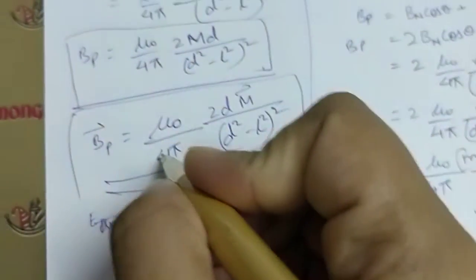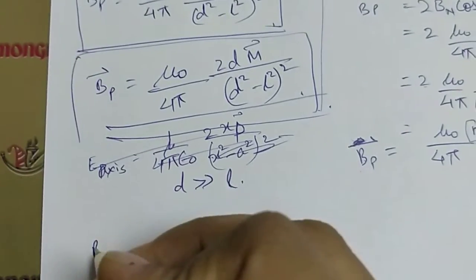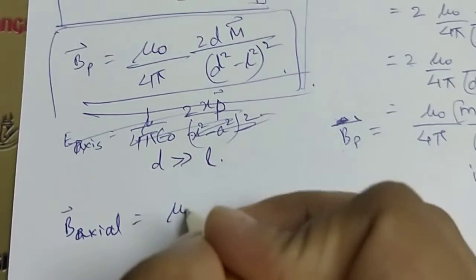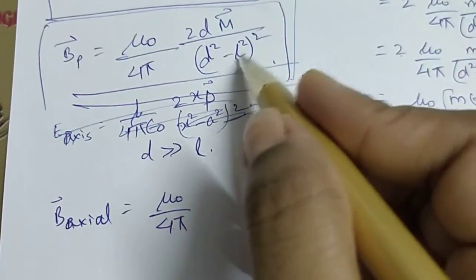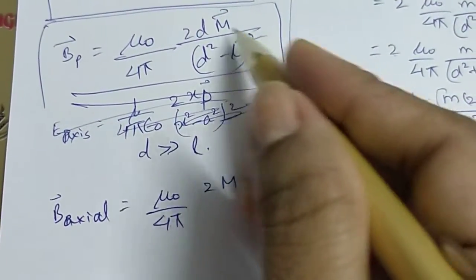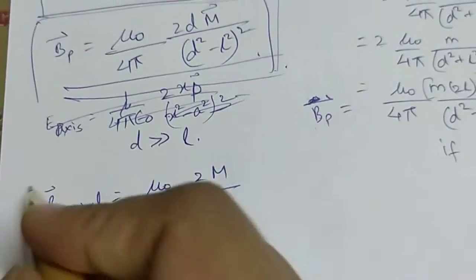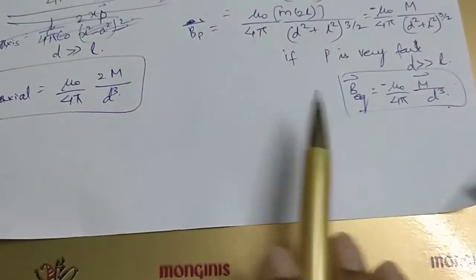And in the axial case, the same thing. If d is much greater than L, then in this case B axial is equal to mu naught by 4 pi, and we can neglect L, so 2M upon d raised to power 4. One d will cancel, so you will get d cube. So if we combine this expression and the previous expression, we are getting double.